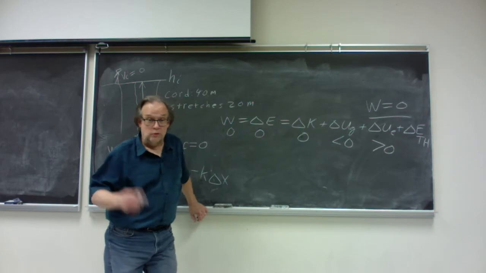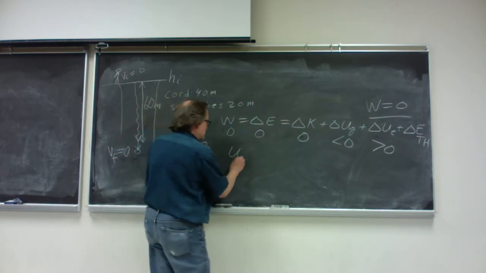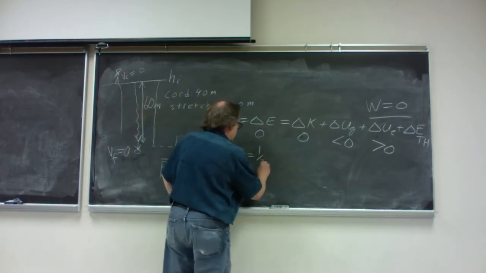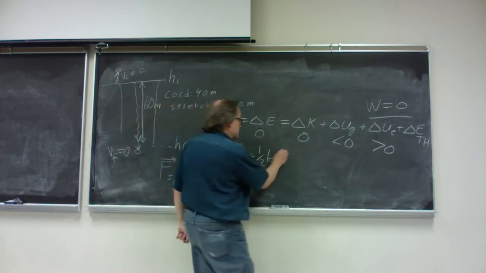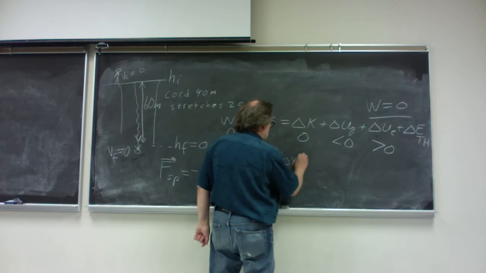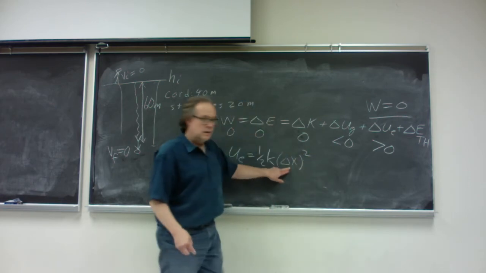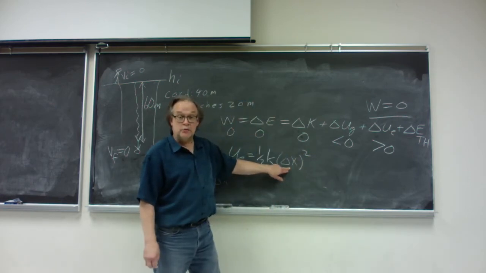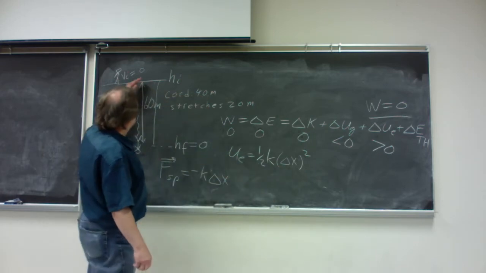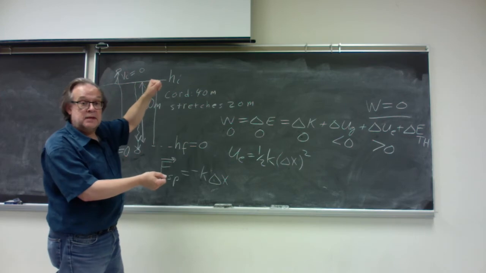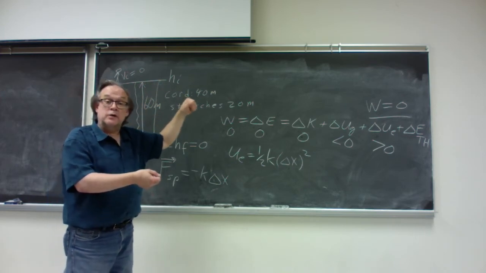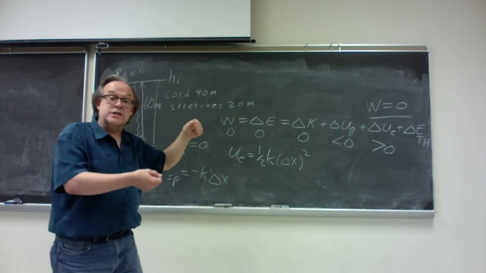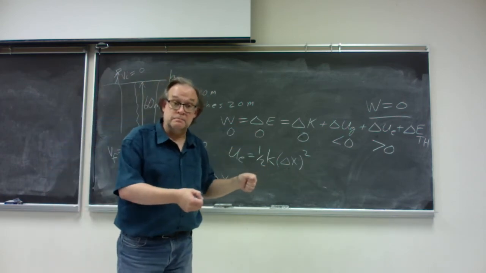Remember the rule for elastic potential energy, 1/2 K, this K, times the square of a displacement away from equilibrium. That is, if the cord is in equilibrium, it's not feeling any net force. In other words, it's not being stretched or compressed.